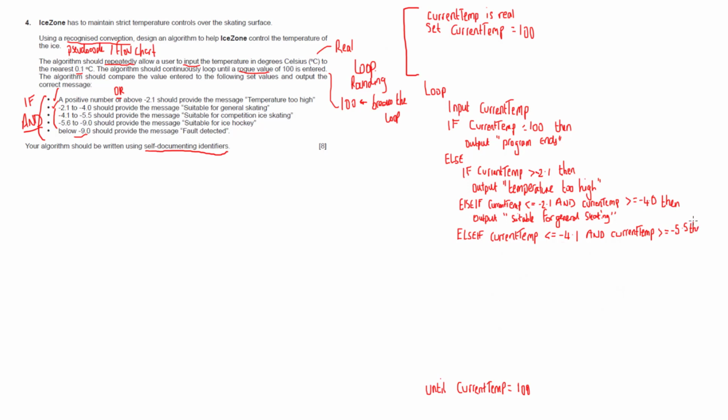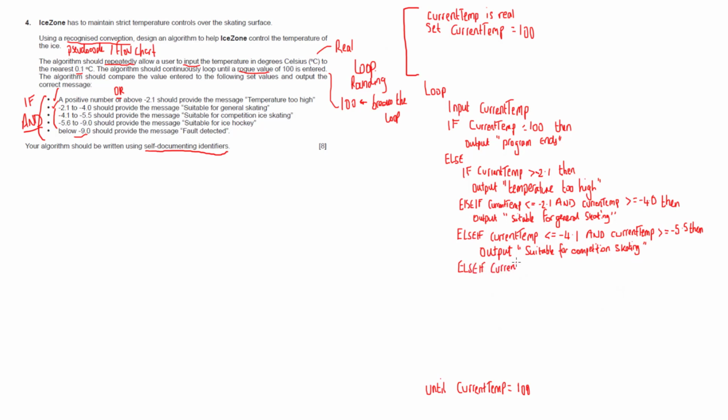Then if that condition is true on both sides, then what we do is we output the string, suitable for competition skating.